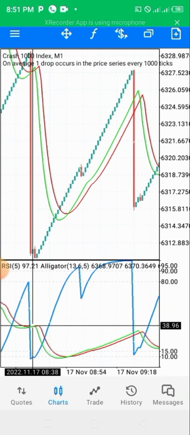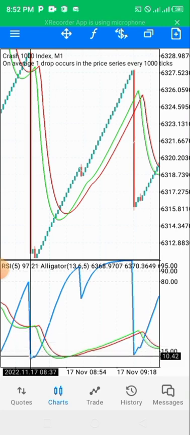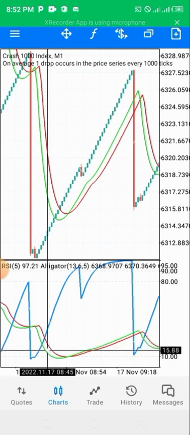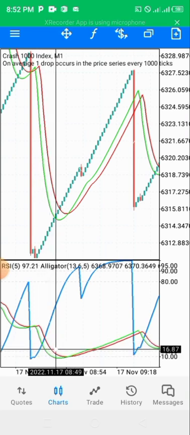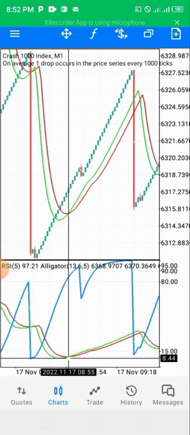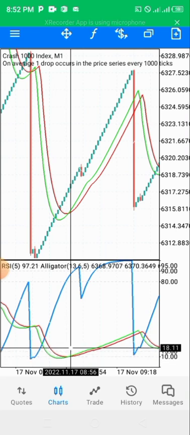You have to see this blue indicator going below the level 15. That's the first condition. The second condition is when you see the red and green indicator crossing each other below the level 15, in between level 15 and level 10. That's the second condition.